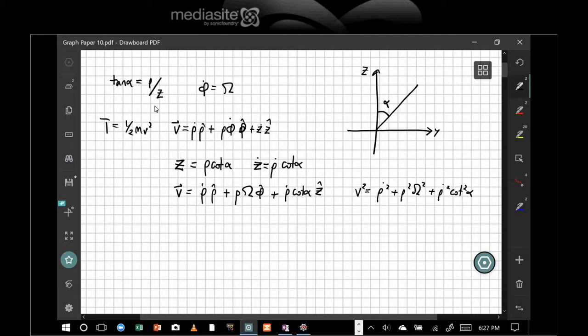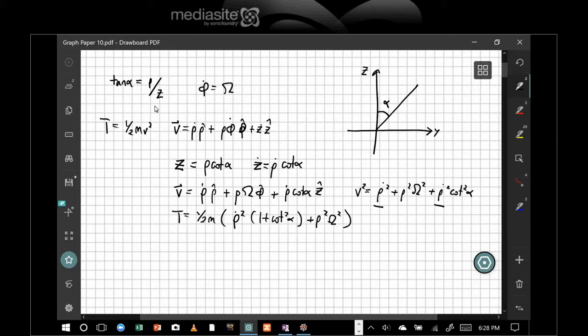The kinetic energy is just 1/2 m v squared. Notice that I have a rho dot squared in two terms. I can write that as rho dot squared times 1 plus cotangent squared alpha, plus rho squared omega squared.